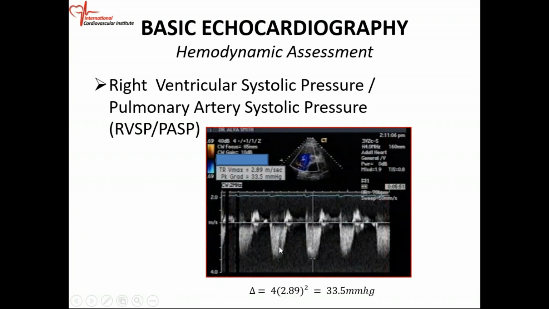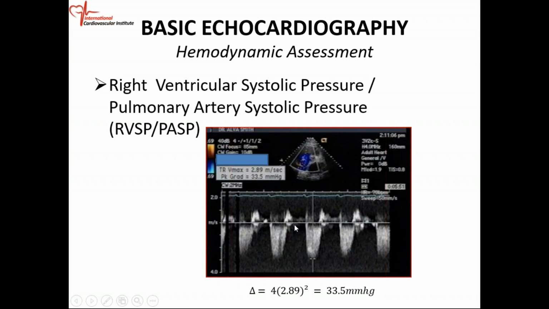So you have this spectral envelope, which represents tricuspid regurgitation. It is below the baseline because this is your transducer. With tricuspid regurgitation, the flow is from the right ventricle across the tricuspid valve into the right atrium. It's moving away from the transducer, hence it's going to be below the baseline.